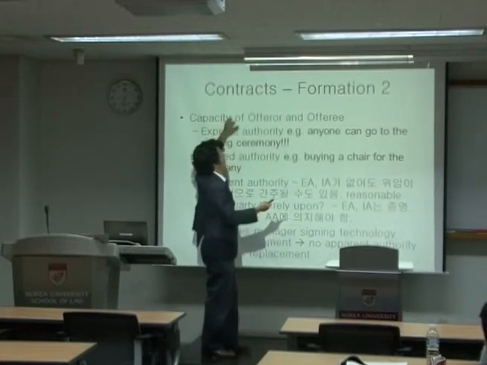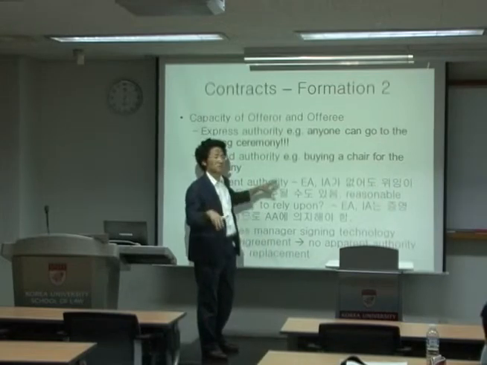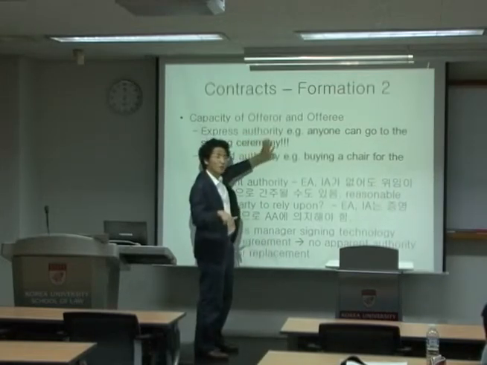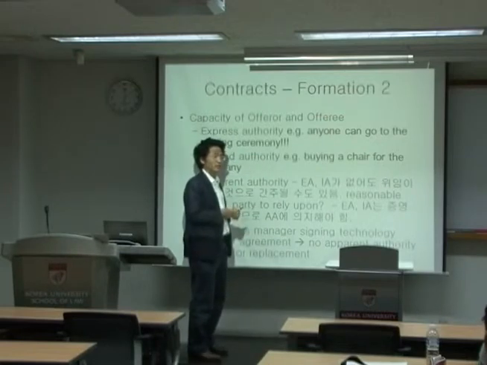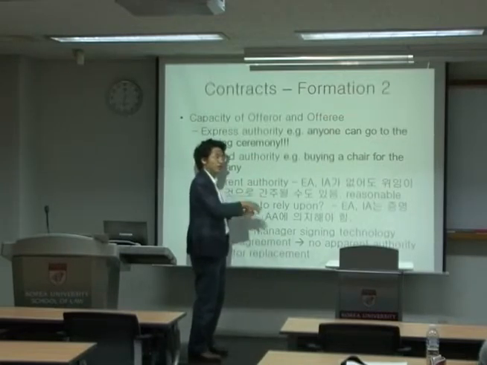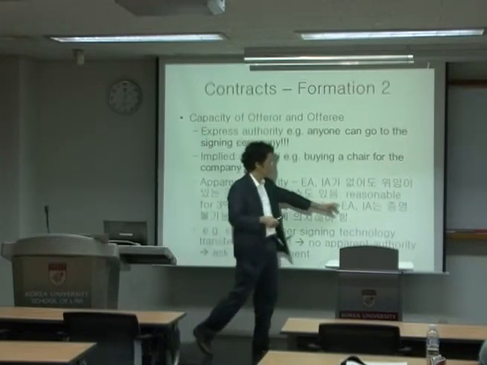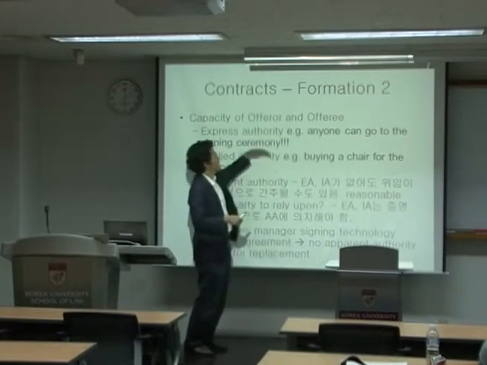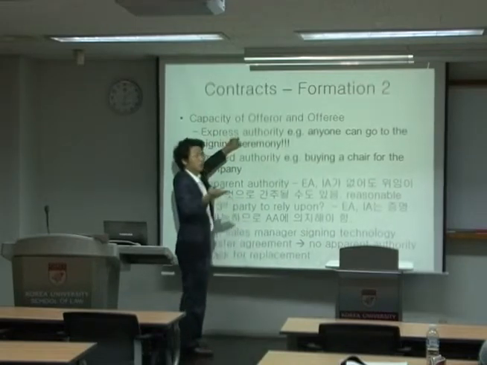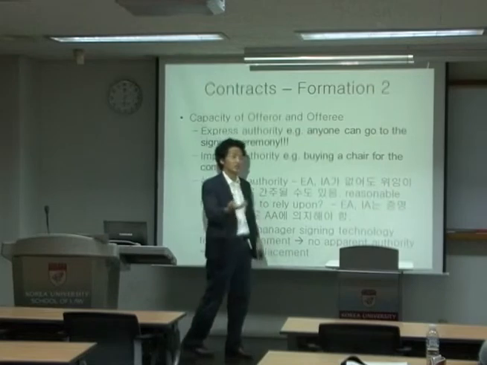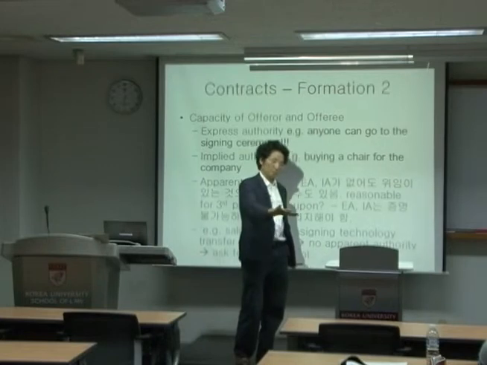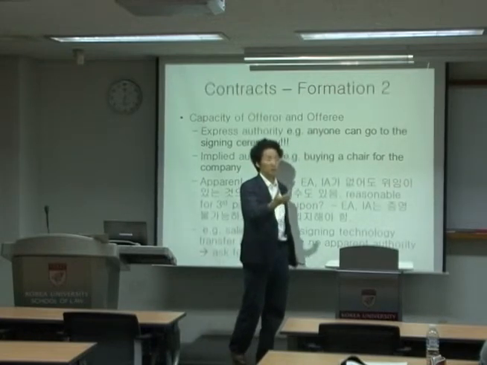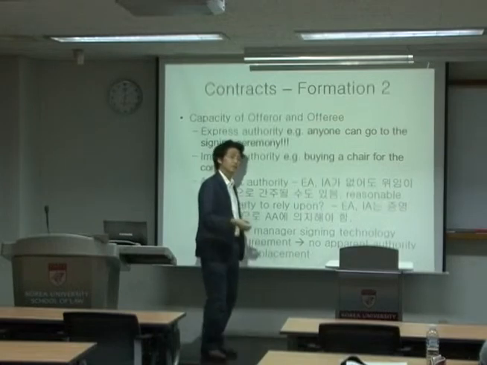Because capacity is one of the three elements of formation. If either side has no capacity, then the contract becomes void, right? If you want the contract, you want to make sure that both sides have the authority. So you want to make sure that the other side has express authority. But as I told you, it's difficult to find out whether the other side has express authority or not, because power of attorney can be forged, the phone number there can be forged, the person's identity can be forged.